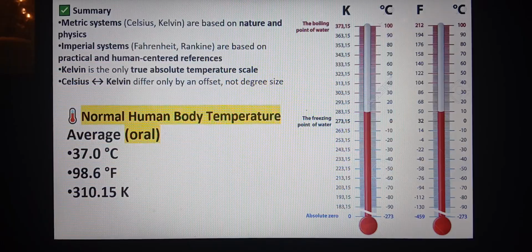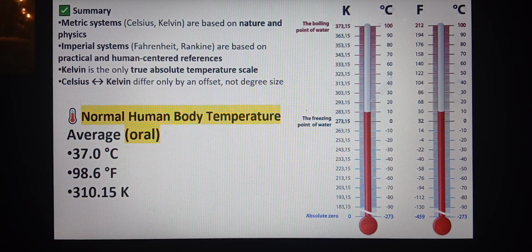Just look at where the boiling point of water is. For Celsius it's 100. Opposite that, you will see for Fahrenheit it's 212 and for Kelvin 373.15. If you look at the freezing point of water, for Kelvin it's 273.15, for degrees C it's 0, and for degrees F it's 32.